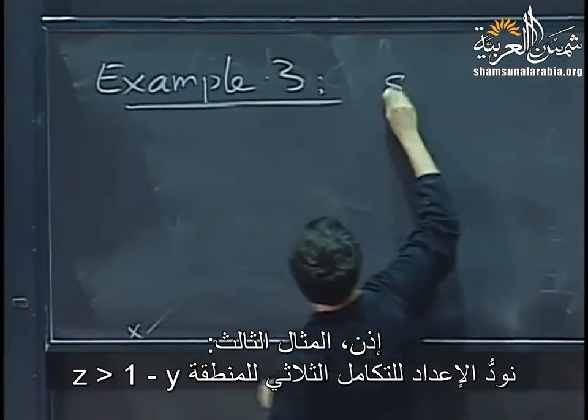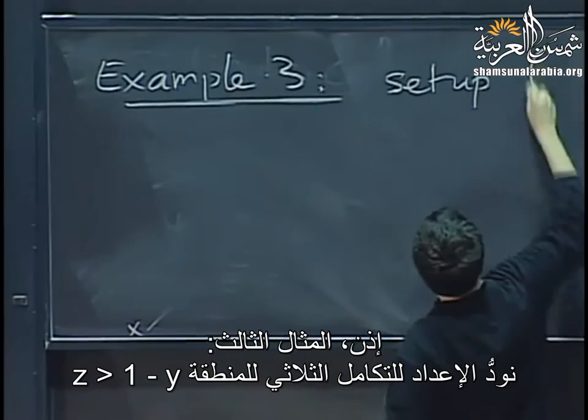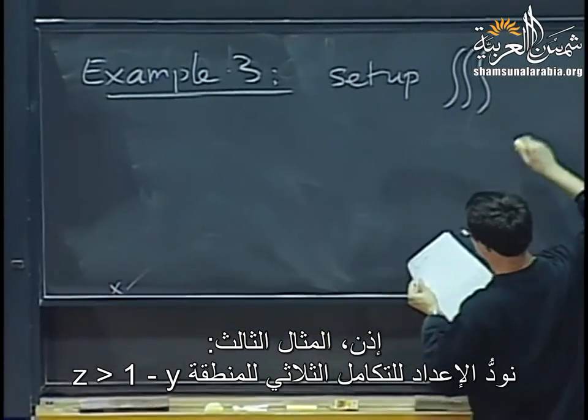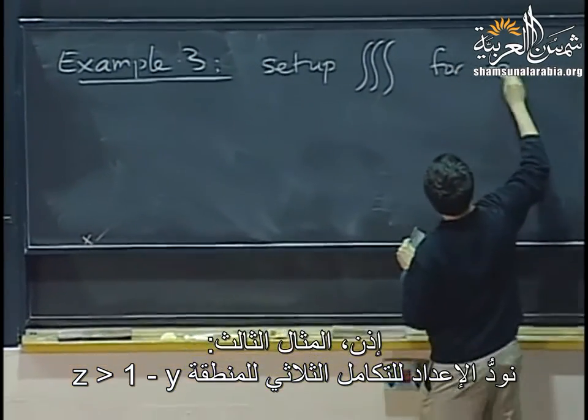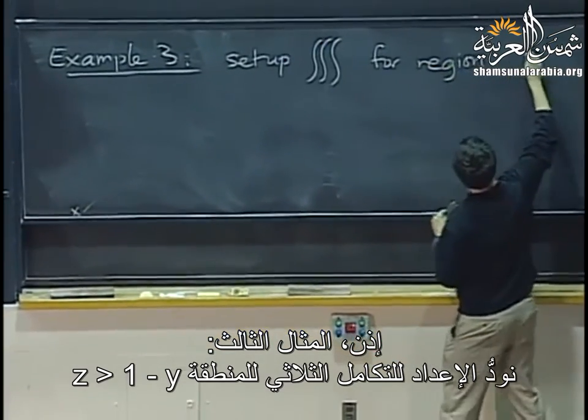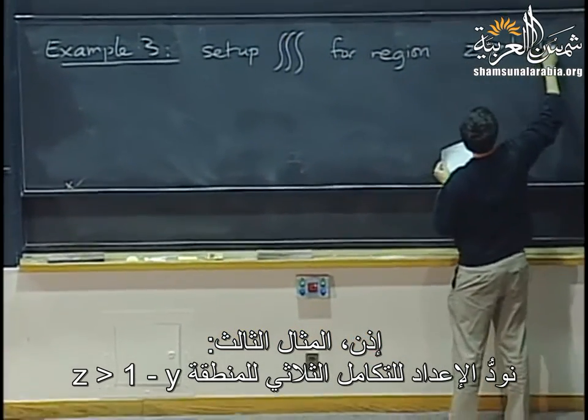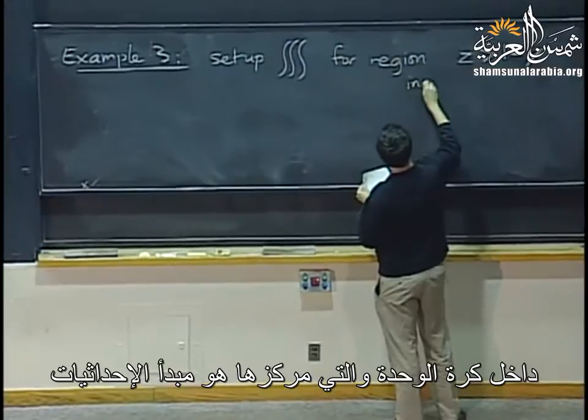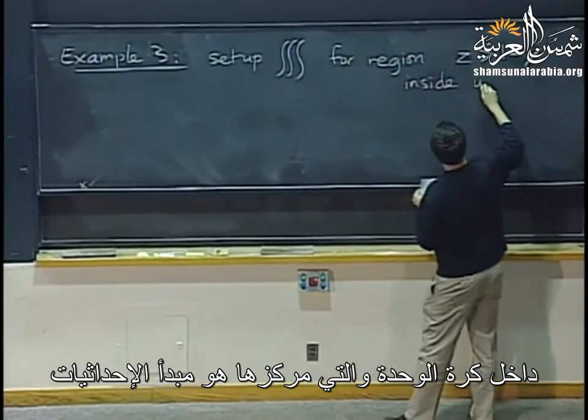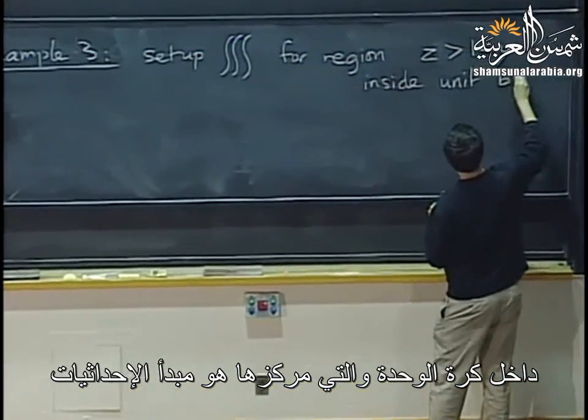Let's say that I want to just set up a triple integral for the region where z is bigger than 1 minus y inside the unit ball centered at the origin.